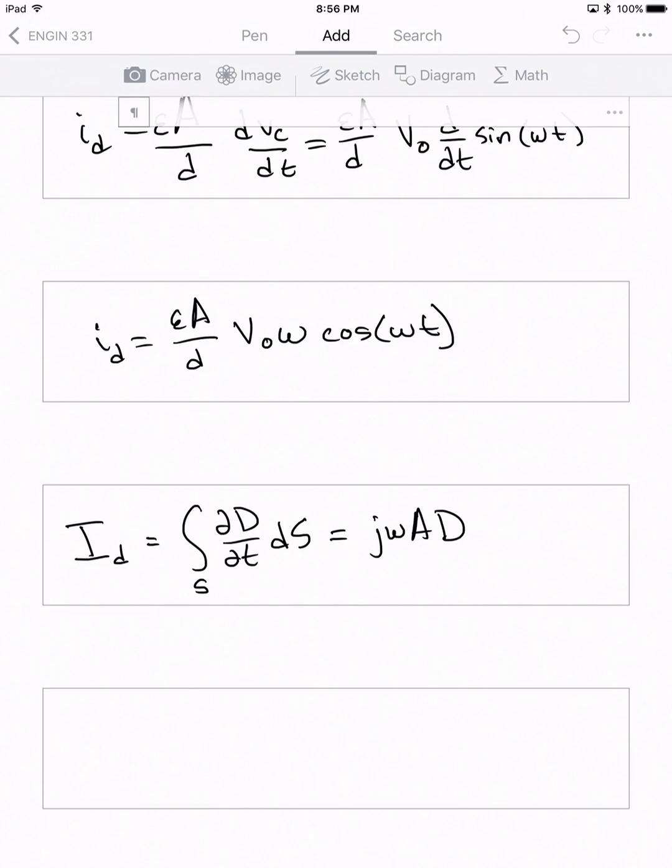So here's how we do it. We know that little v_C is equal to V naught sine of omega t, which is equal to the real part of the phasor form of V_C times e to the j omega t.